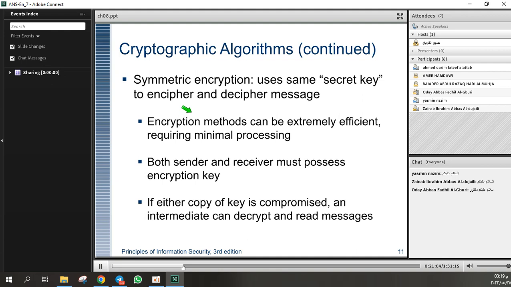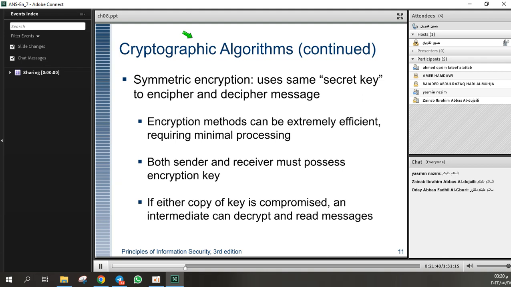This encryption method is efficient, and it uses minimum processing power. Both sender and receiver must possess the encryption key. Both sides are using similar keys.